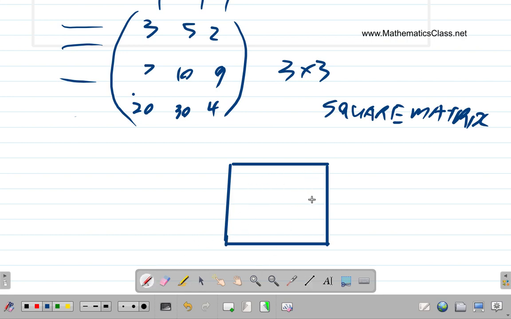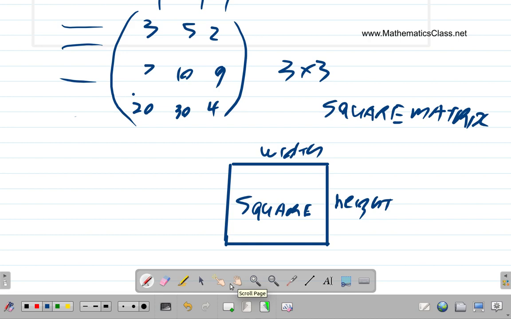This is a rectangle, but when you have the height equal to the width, you call this a square. With the matrix, the rows and columns are equal, so it is a square matrix. You see that?